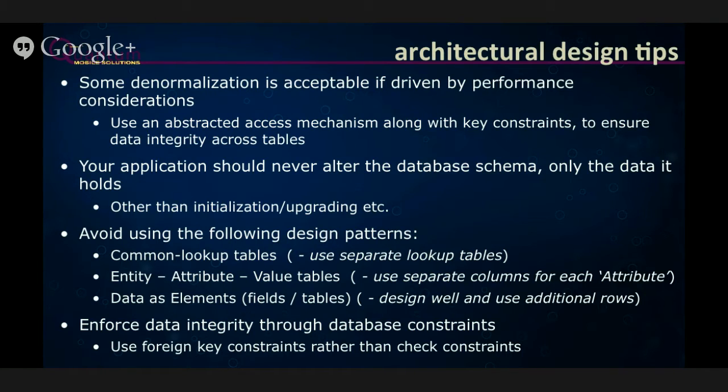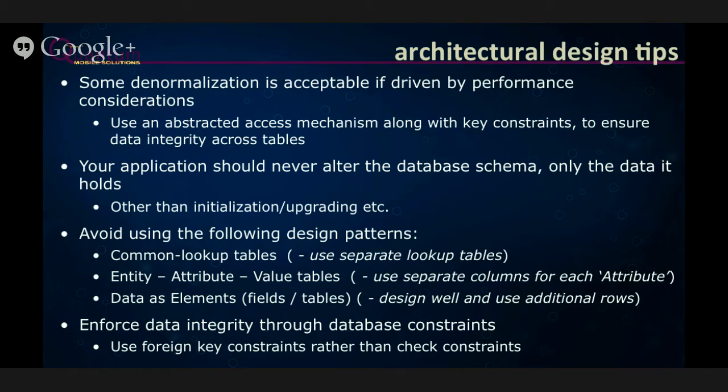Another thing you should do is avoid certain design patterns. There's one called the common lookup table, where you have unrelated information, and one of the columns defines the type of information in another column. People do that sometimes because they think they can save tables.